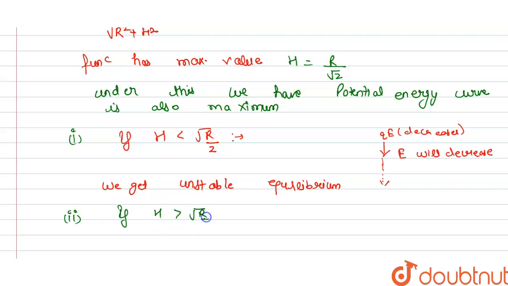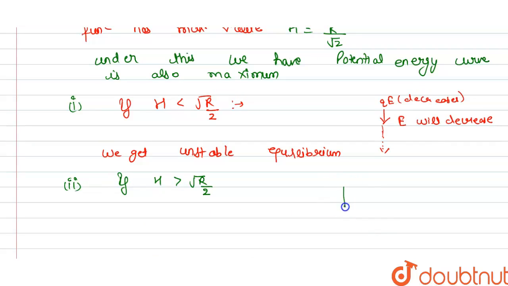Now if h is greater than r divided by root 2, in this case we displace the particle slightly upward. Suppose this is our particle here and we displace it slightly upward, so E decreases, that is potential decreases.